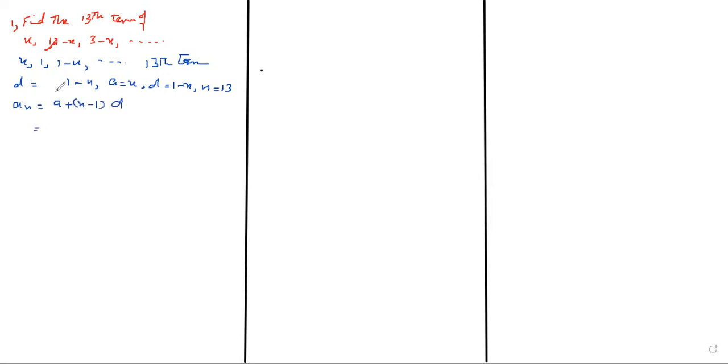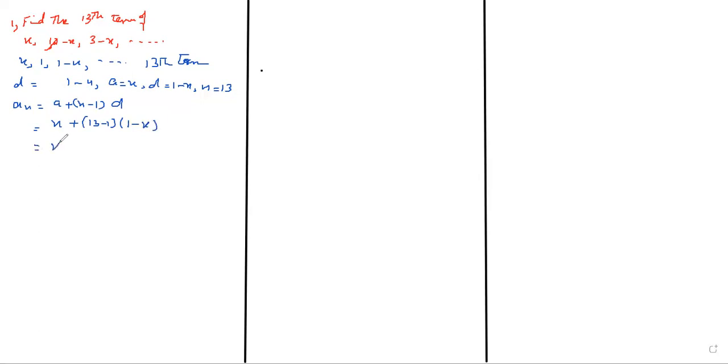So a is x plus 13 minus 1, and d's value is 1 minus x.